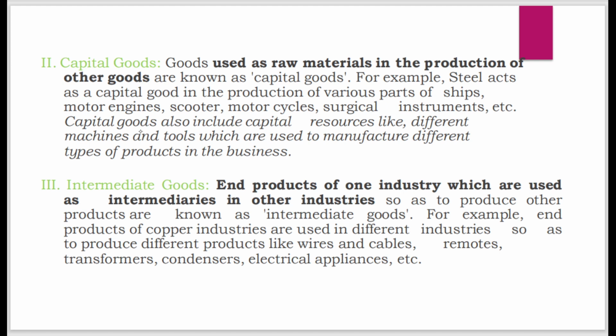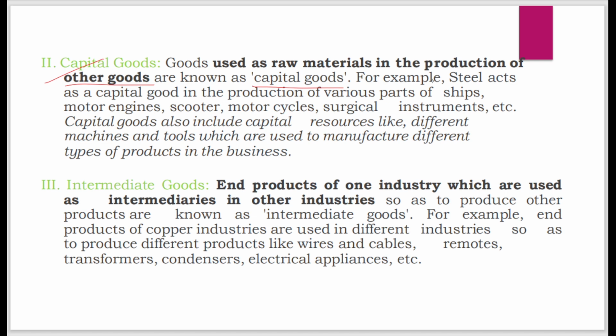Second is capital goods. Capital goods are goods used in the production of other goods. If any goods are used for the production of final goods, they are known as capital goods.